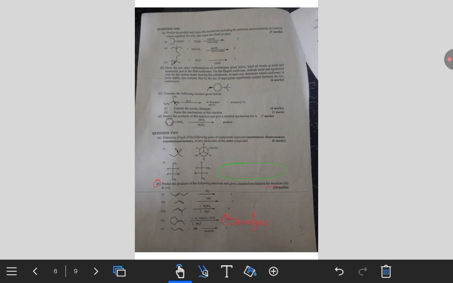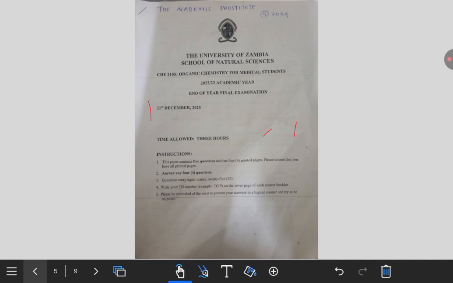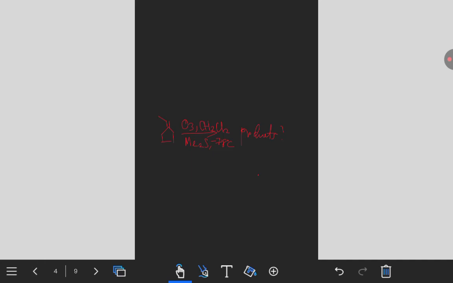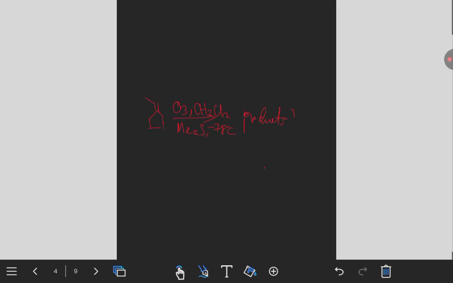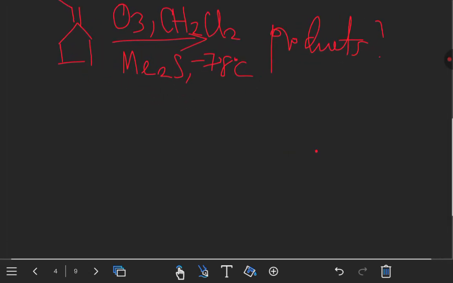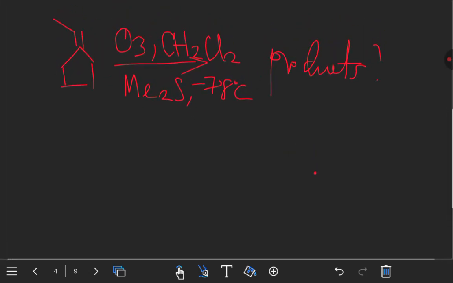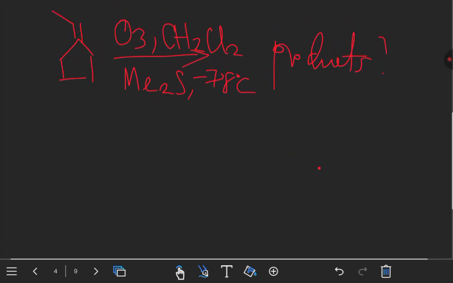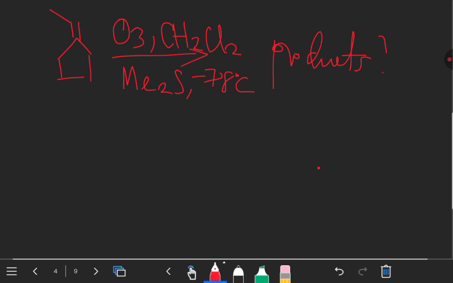But this is something you need to understand before you even write the product. So no wonder we are drawing the mechanism. Okay, so that is the question we've been given.